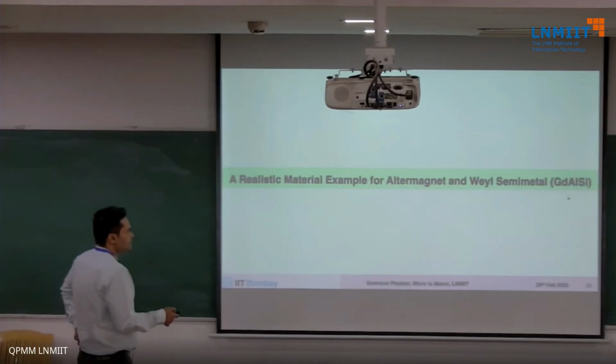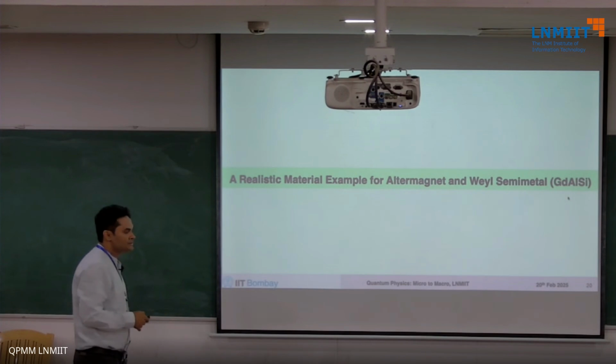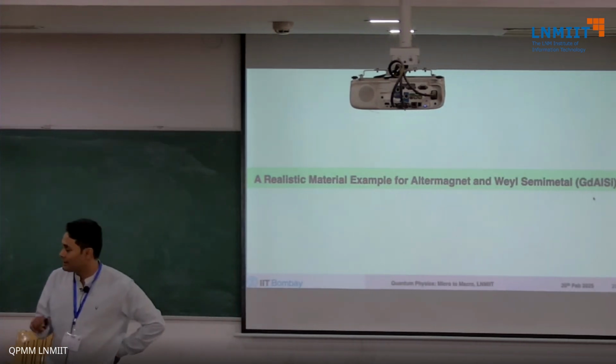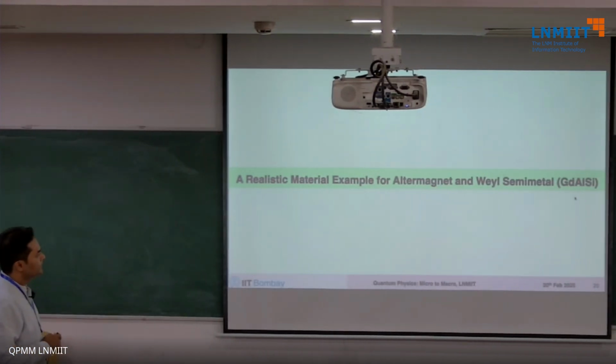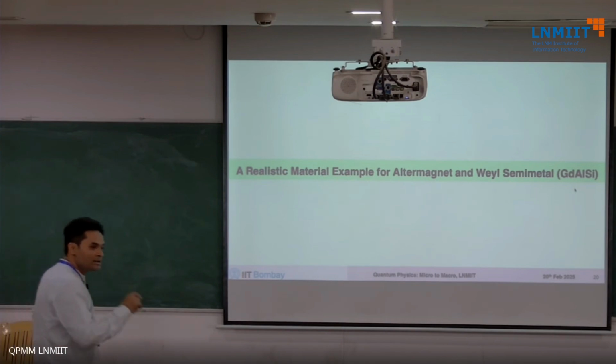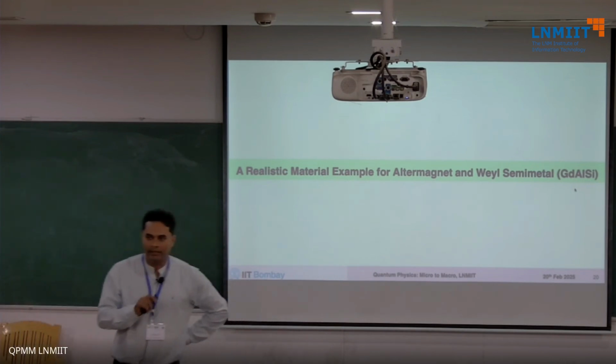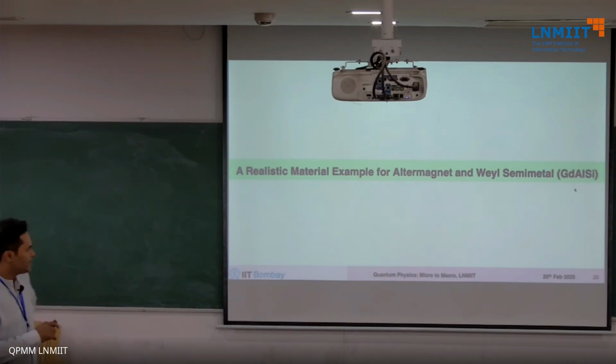And because there are certain symmetries broken in this system, such as the inversion symmetry and the time reversal symmetry, there are also topological Weyl semi-metal phases that come up in the band structure of this compound.